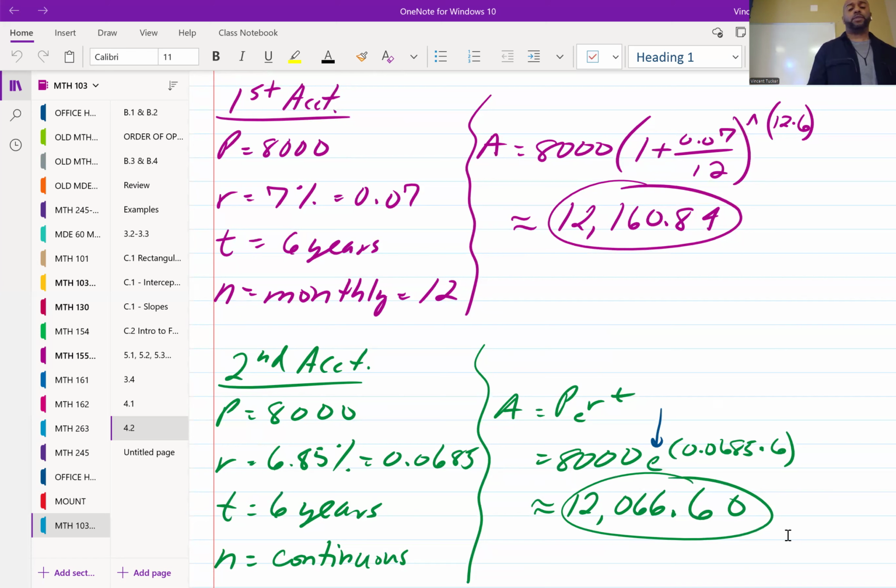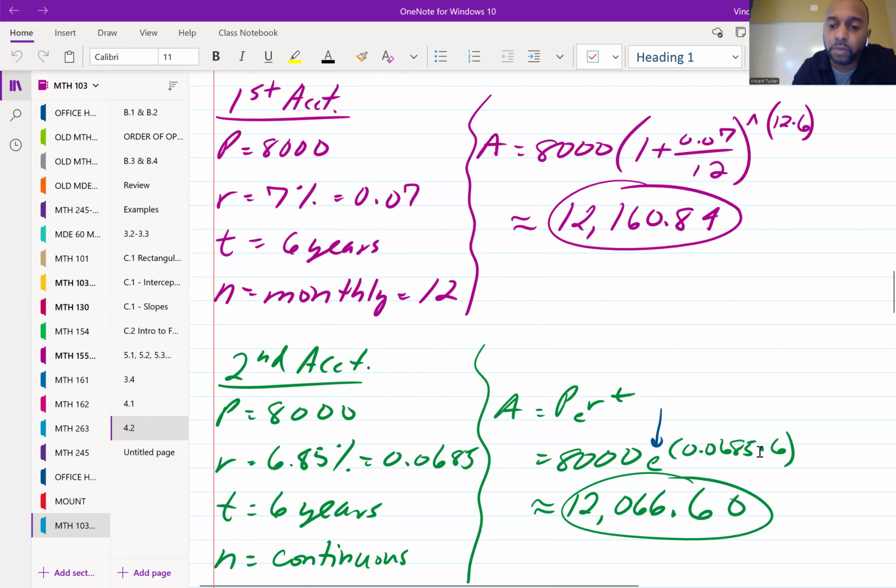Time was still the same, so we're still dealing with 6 years. But this time we're looking at continuous compounding. If it's continuous compounding, we don't have a number for N. That means we're going to use a different formula altogether: P times E to the RT, and RT is your exponent. So it's 8,000 times E raised to the 0.0685 times 6.